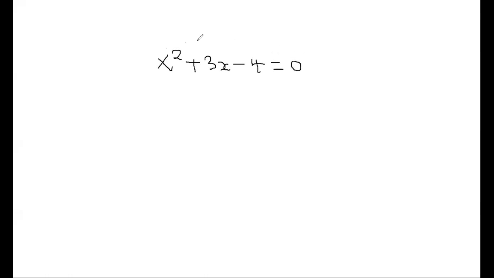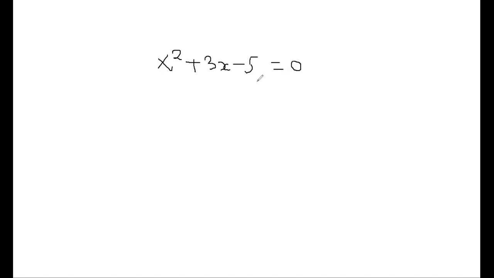Let me use minus 5 instead, for it to be hard to factorize. So the product is minus 5: you multiply two numbers, you get minus 5, and you add them, you get positive 3. That number does not exist.